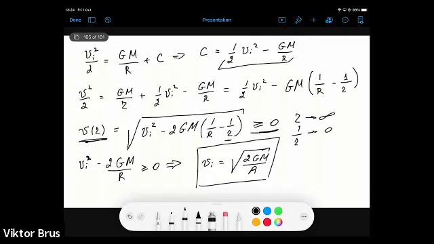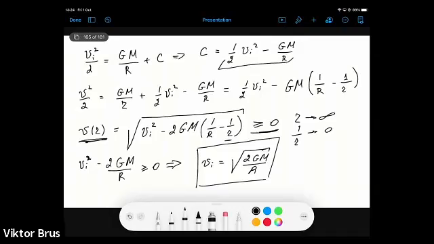This was done based on a differential equation, deriving an equation which relates the velocity and distance from the center of the planet, and setting initial conditions, assuming that the projectile starts its motion from the surface of the planet with certain initial velocity.